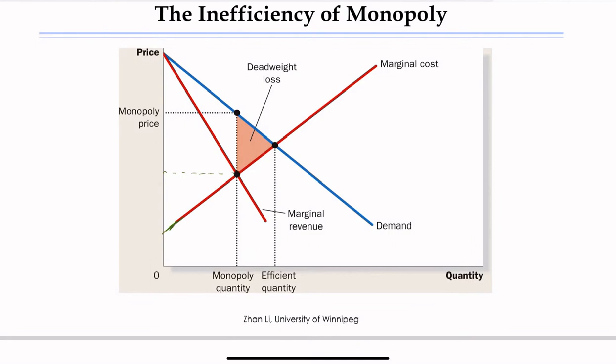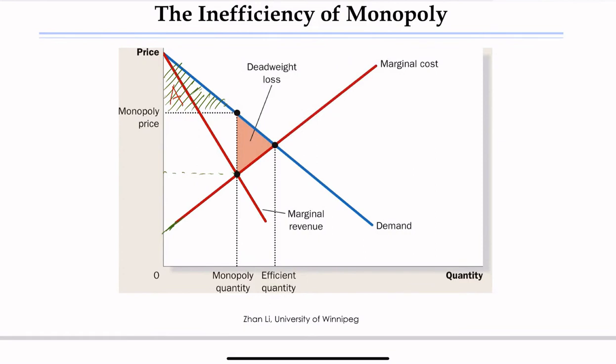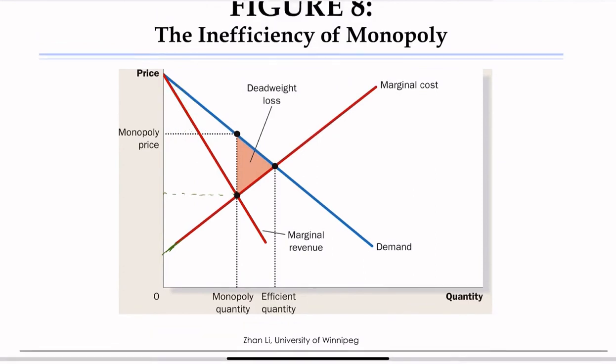So let's say this little triangle is called A. Let me use a different color.